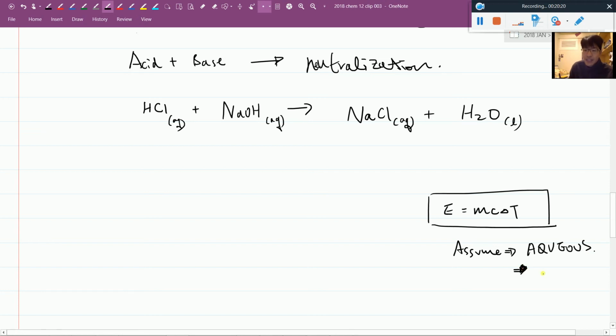So the salt, the ions dissolved in it, don't really change the density of the water much. So the salt dissolved in it does not change the density of the solution too much.